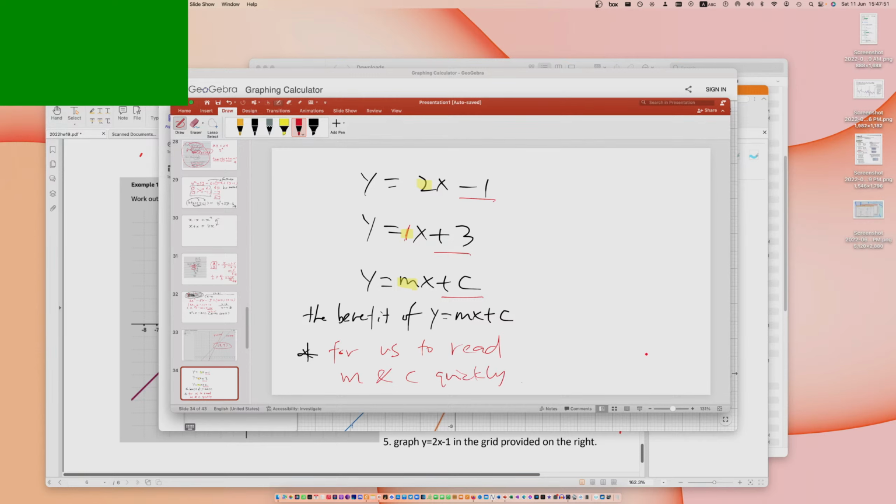But if you write in this y equals mx plus c format, you cannot do the calculation. So in order to do the calculation by the calculator, you need to write in what format? You need to write in simultaneous equation format.